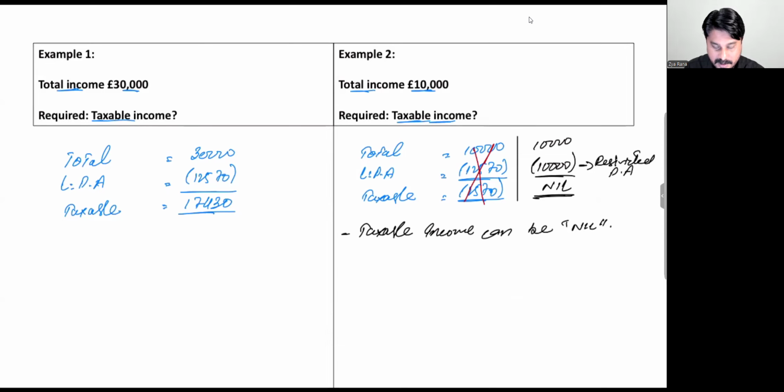After deducting the personal allowance, taxable income can be nil, but it cannot be a negative figure. So keep this in mind. Whenever your total income is less than the personal allowance, then you have to restrict your personal allowance, so the taxable income will become nil and it cannot be a negative figure at all.